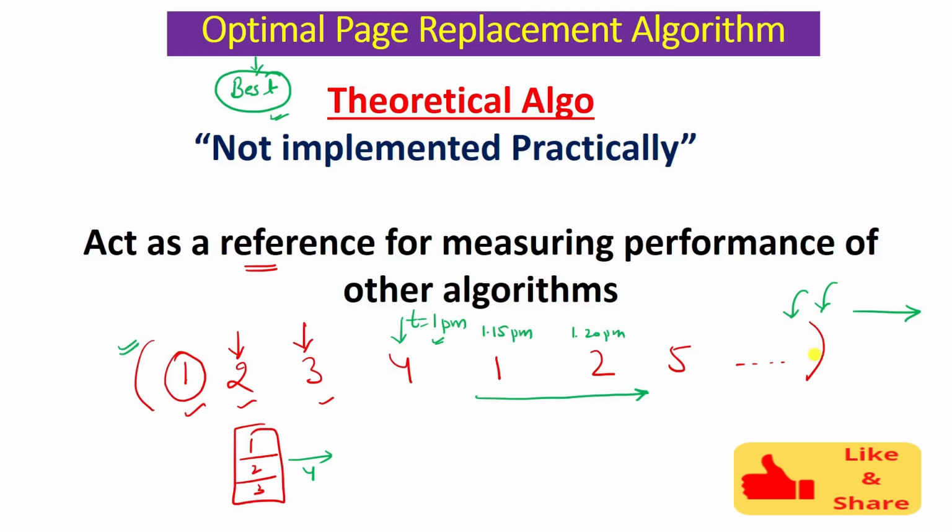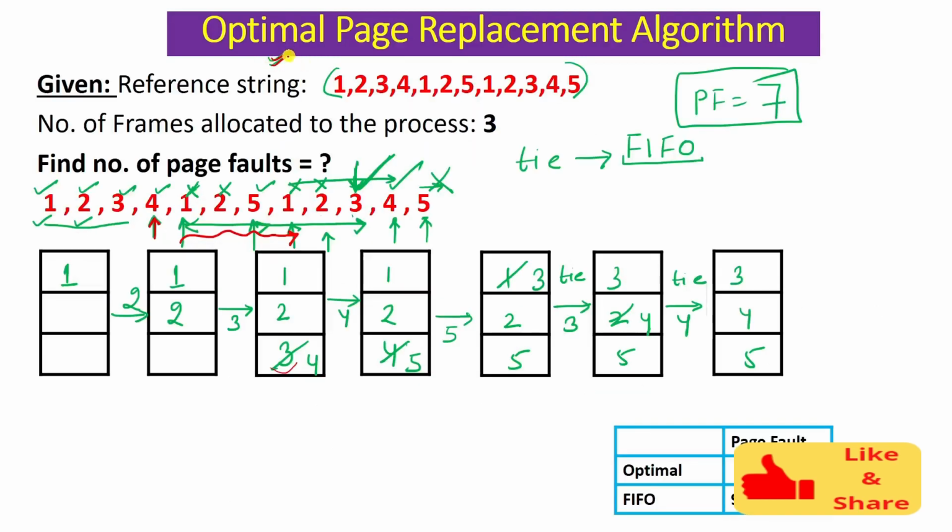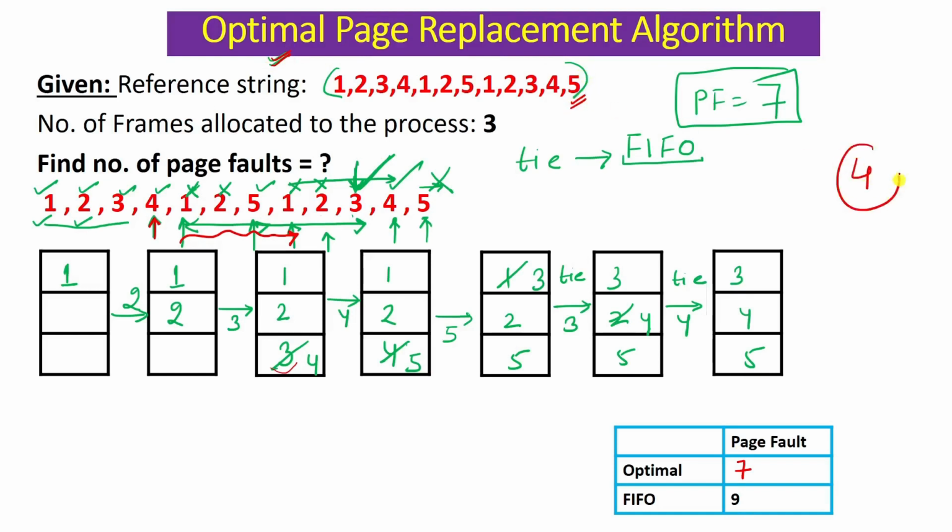So I hope you have now understood how we can apply the optimal page replacement algorithm for a given example. And I would recommend that you apply the same algorithm on this given string with 4 allocated frames. Start with the 4 frames and see how many page faults and how many page hits you get.